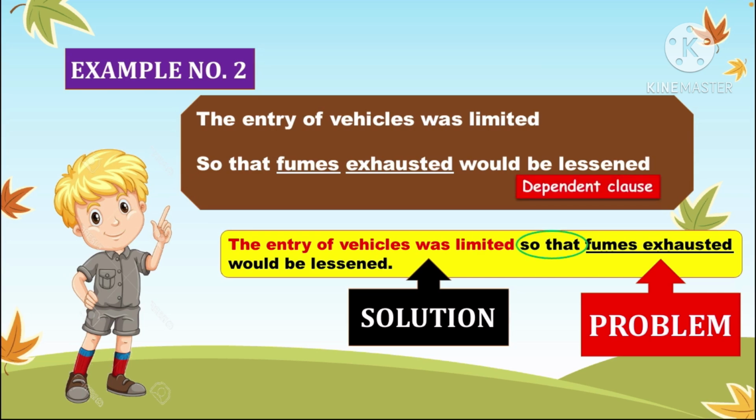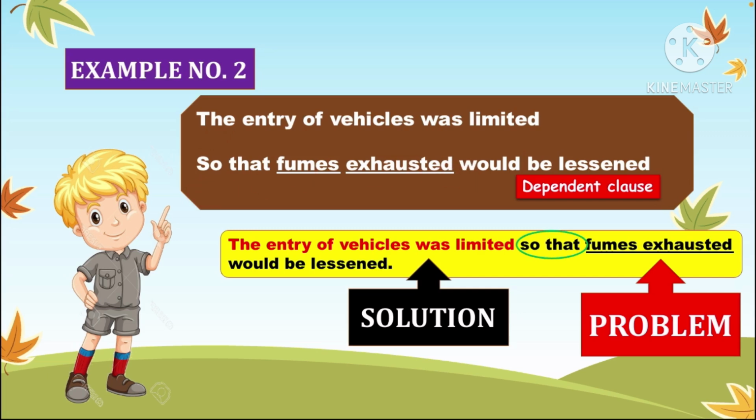So this is the dependent clause, because in here you see the subordinating conjunction so that, and this clause so that fumes exhausted would be lessened is dependent to the independent clause, to this clause. So it cannot stand alone on its own.